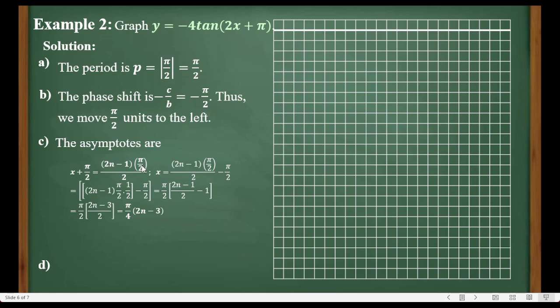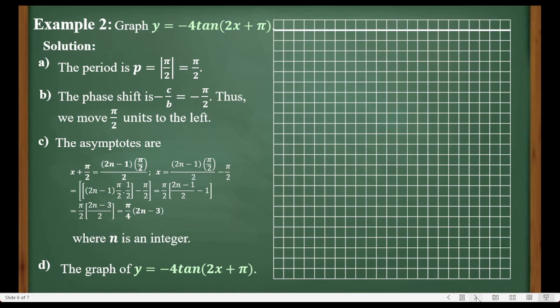Yes, it's pi over 2 all over 2. Then, pi over 2 transposed to the right will give us this quantity. If we simplify this, it will give us pi over 4 times the quantity 2n minus 3. Then, of course, n represents an integer.